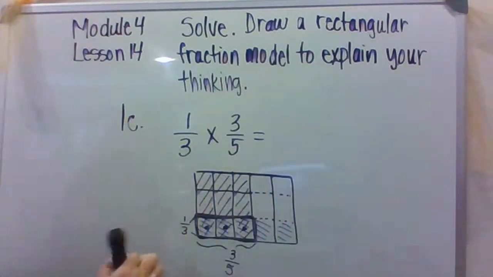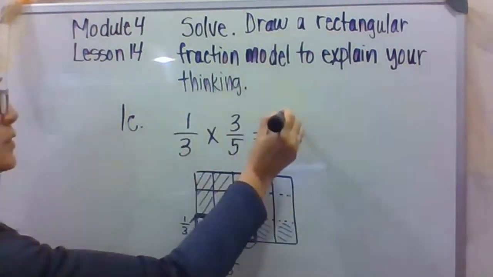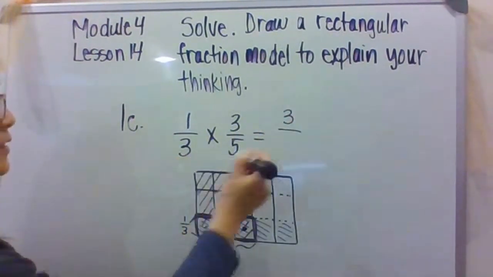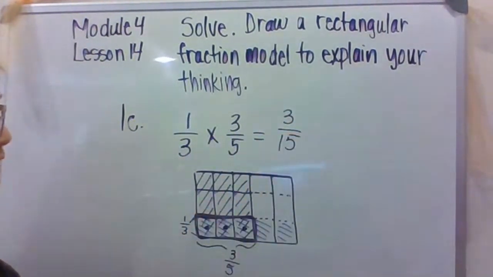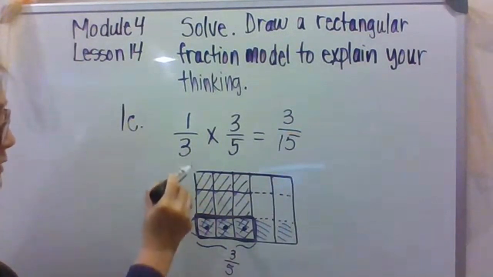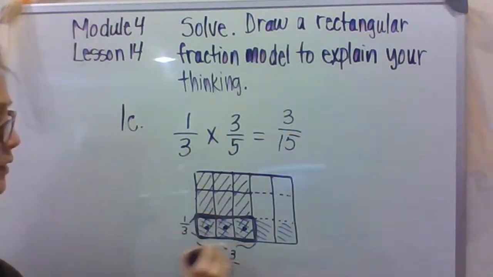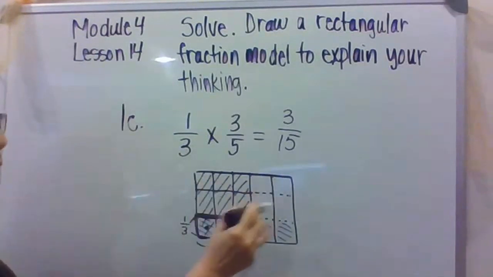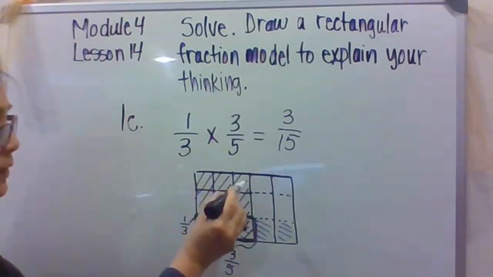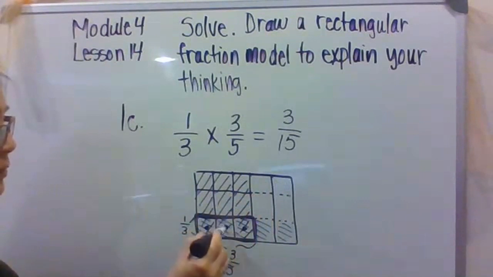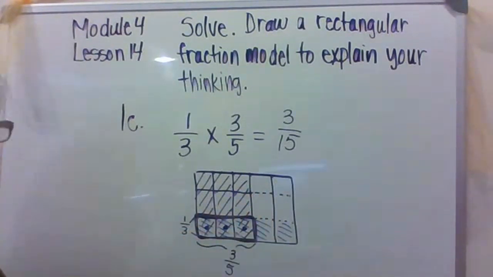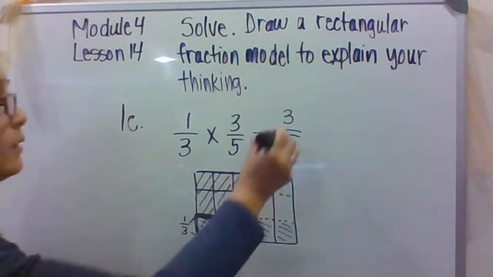Let's go ahead and multiply it out and see. 1 times 3 is 3. 3 times 5 is 15. And if I check this out, I'd say there's 1, 2, 3. It's a 3 by 5 array. So 3 times 5 would give me the 15 total squares. 1, 2, 3, 4, 5, 6, 7, 8, 9, 10, 11, 12, 13, 14, 15. 15 total squares. And 3 of them are highlighted or colored in with the 2 colors. Okay, so 3/15 would be a good answer.